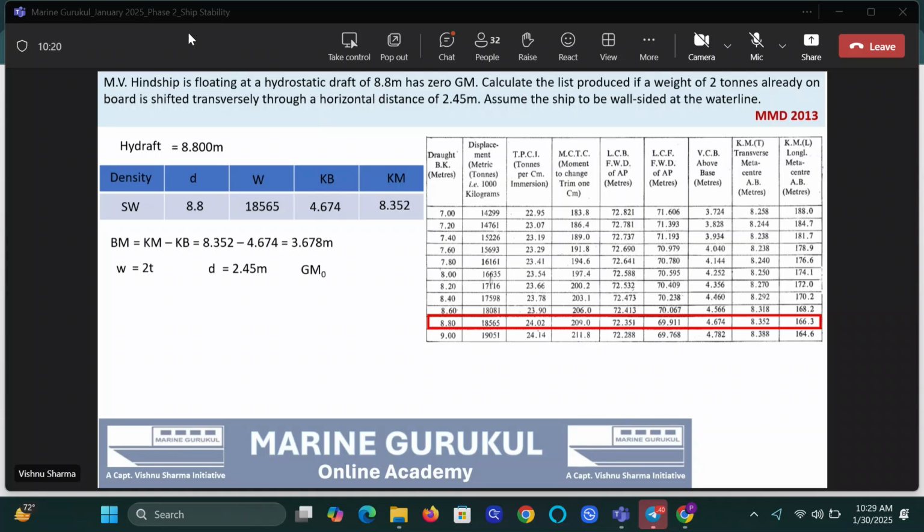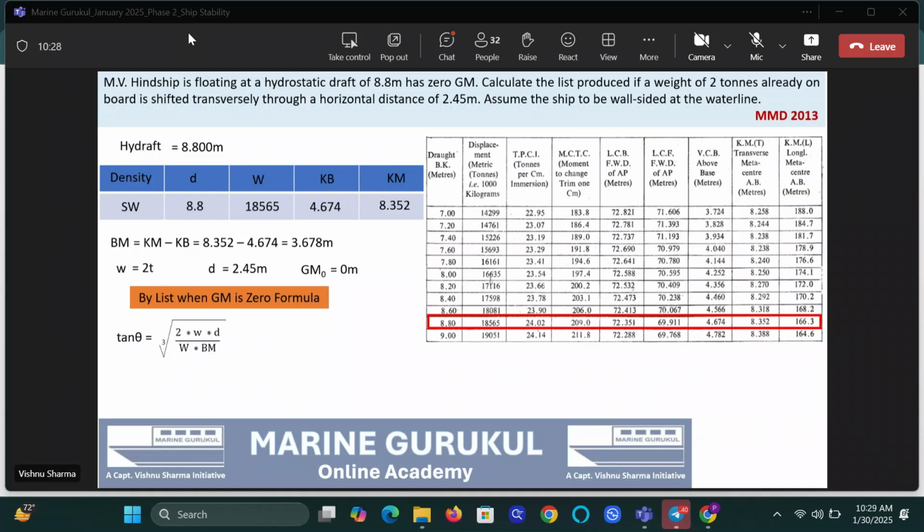And now GM is 0. So by the list formula, when GM is 0, the formula we have done is this one. You can put the values and then calculate, and you'll find theta coming as 2.997 degrees.